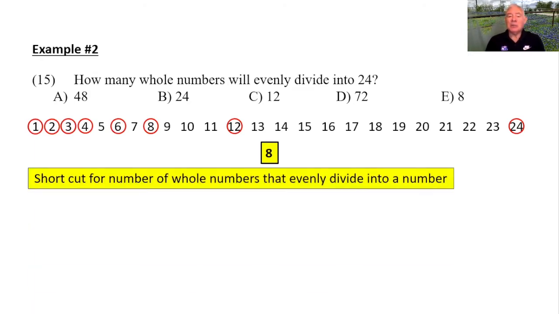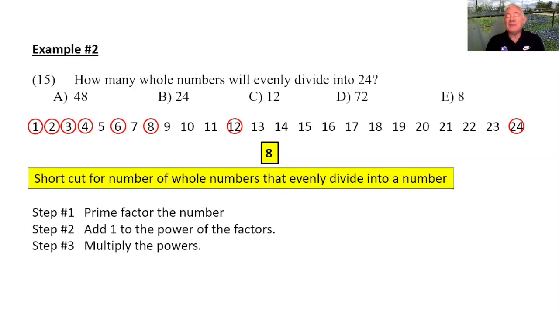A mental shortcut for the number of numbers that divide evenly into a given number would be to prime factor that number, add 1 to the powers of those factors, and then multiply the new powers.